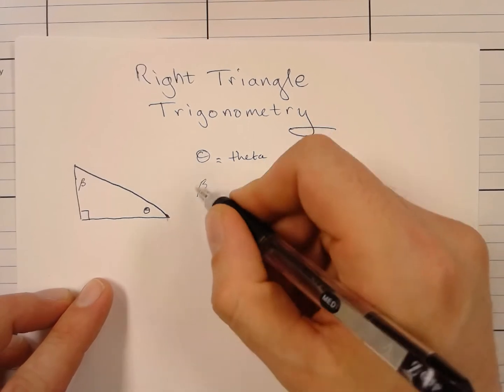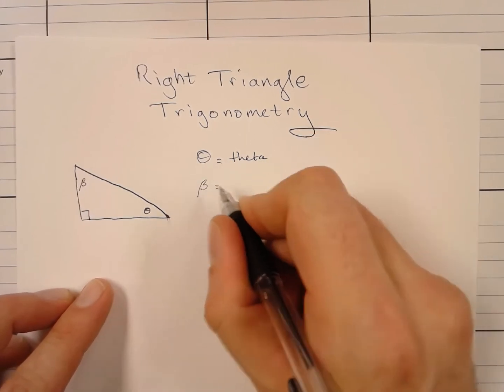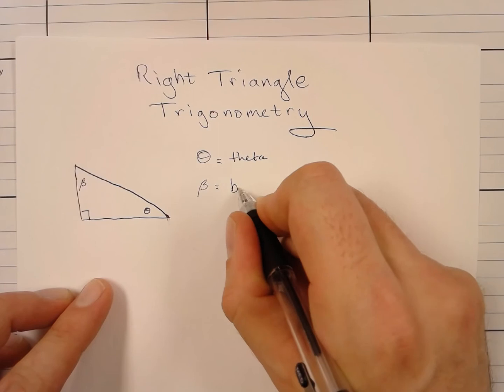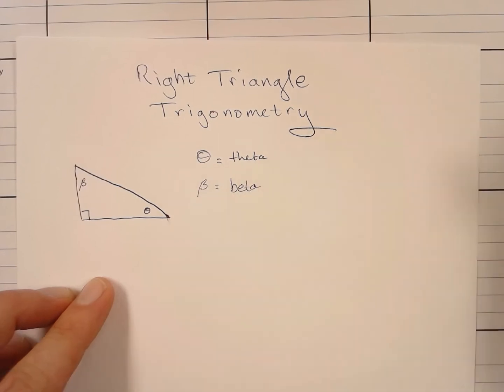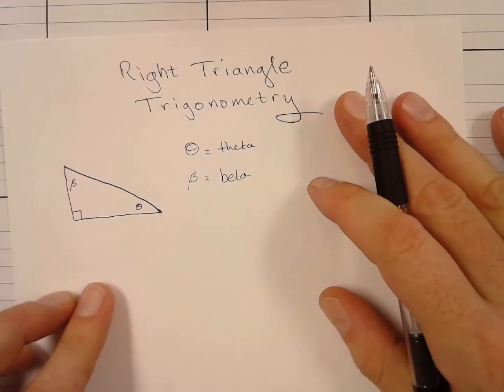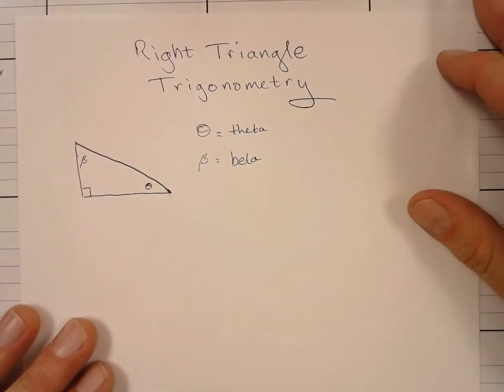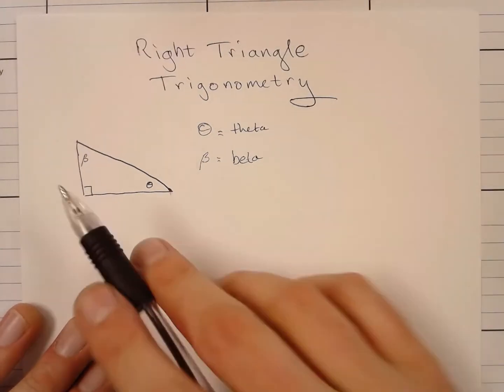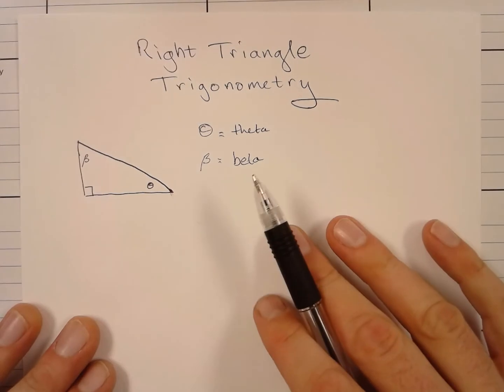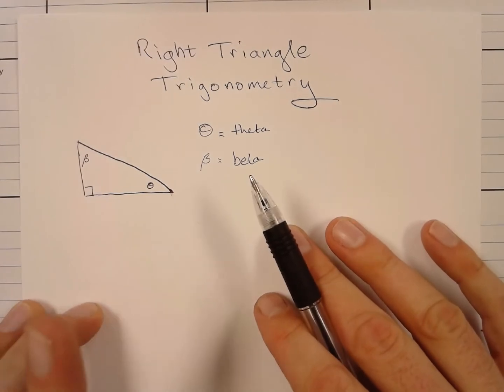And this guy, the B with the tail on it, that's beta, and capital beta. Same difference. It is basically just an arbitrary variable for an angle. That's not the important part, but I did want to put those guys in there.